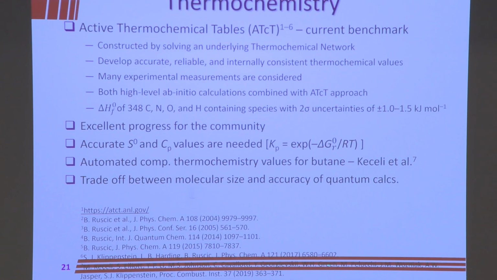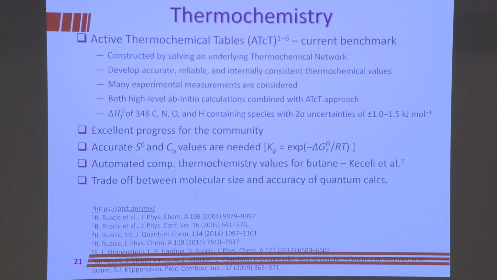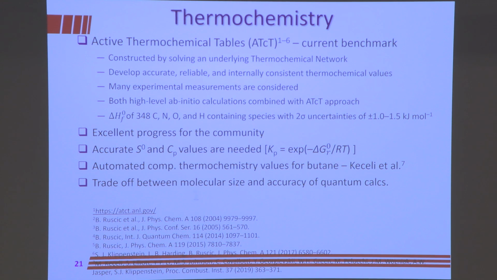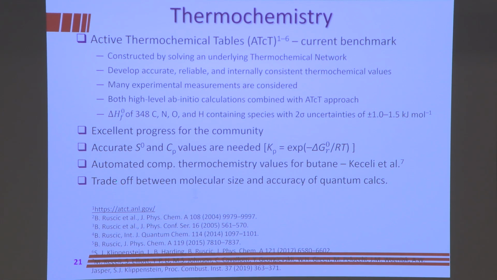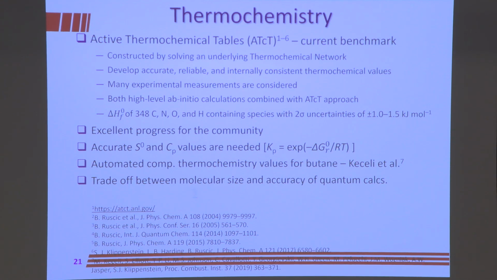And that code is available now to do that automated calculation for you, which is nice, right? But the thing is that there's a trade-off between molecular size and accuracy of quantum chemistry calculations.